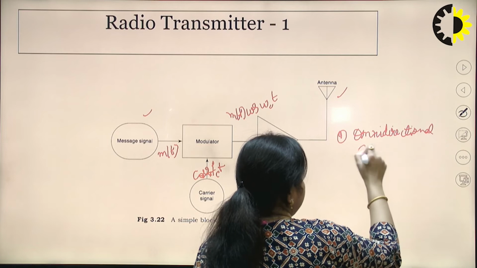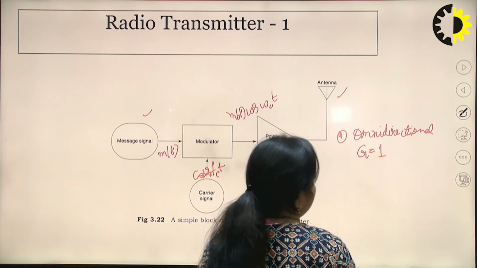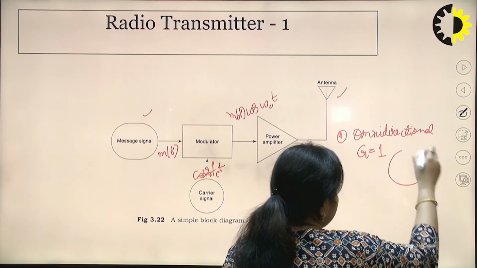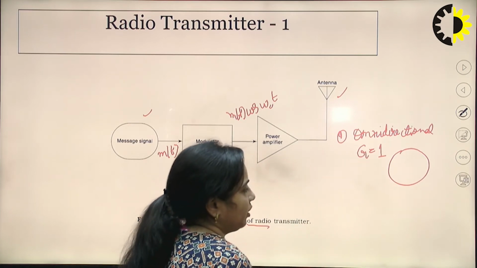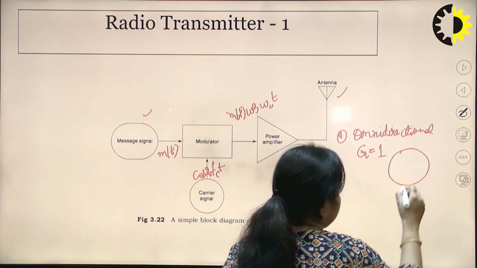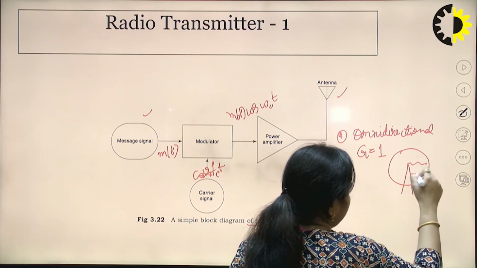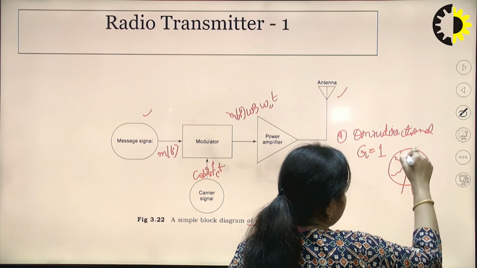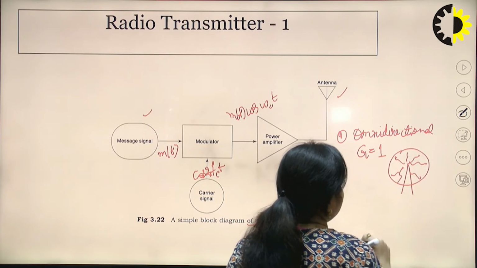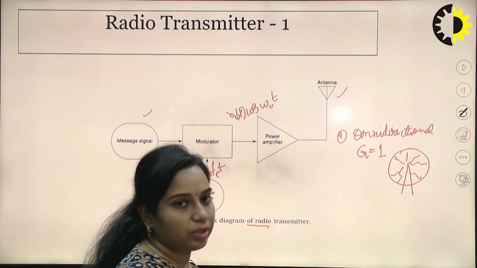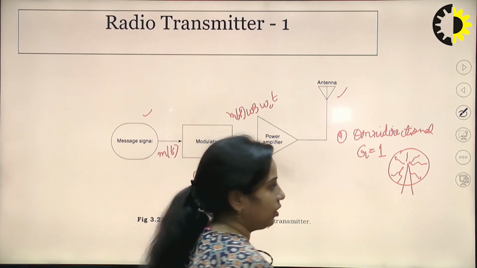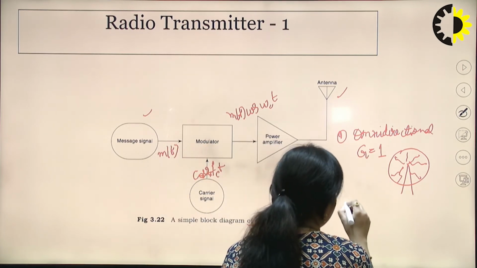Now its gain is equal to unity and its radiation pattern is spherical, which means it is going to radiate the signal equally in every direction. So that is the main advantage of using the omnidirectional antenna, and mostly we use it as a reference antenna.